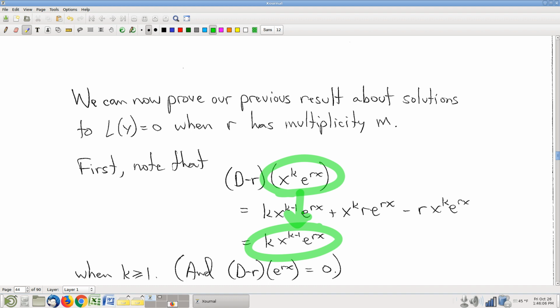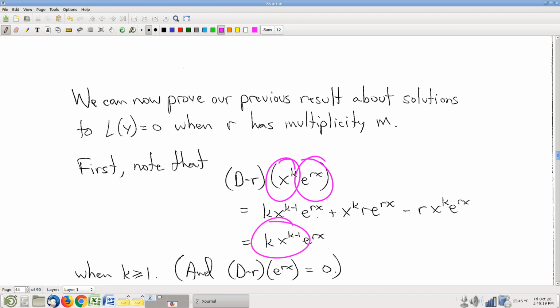Now, what's particularly interesting about this is that something very simple happened. The form didn't really change very much, right? Monomial times e to the rx has turned into monomial times e to the rx. So that's right off the bat, that's pretty simple. But even better than that, the exponent has reduced by 1, right?